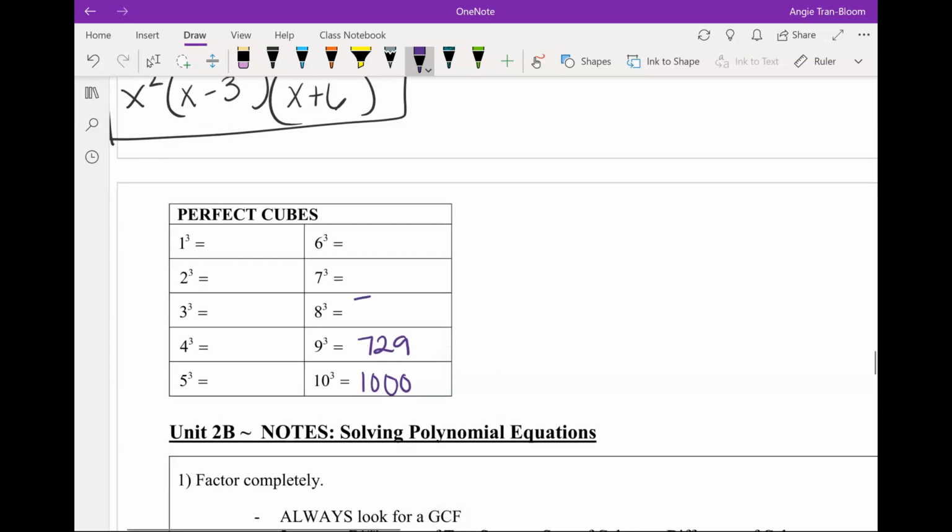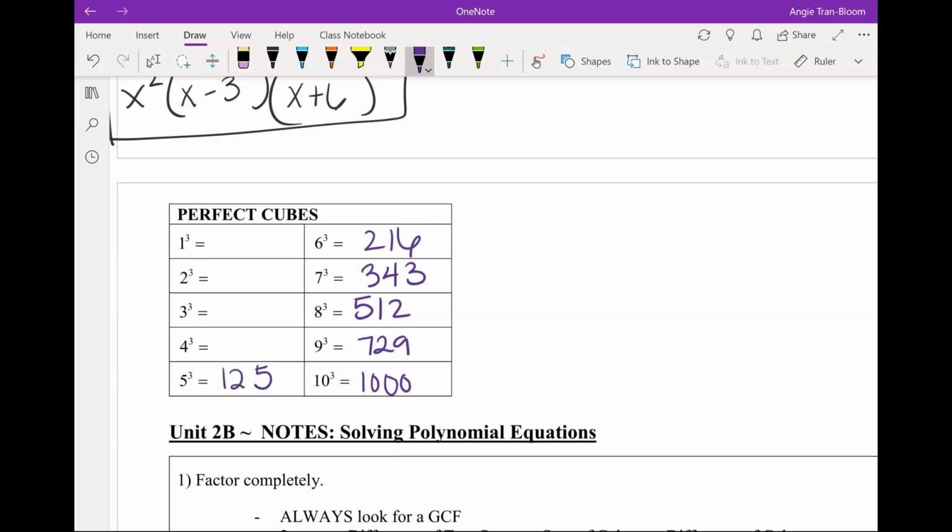Thank you, sir. Okay. Han, what's 7 cubed? 343. Someone confirm those so far? Yeah. Wyatt, what's 6 cubed? 216. 5 cubed? 125.